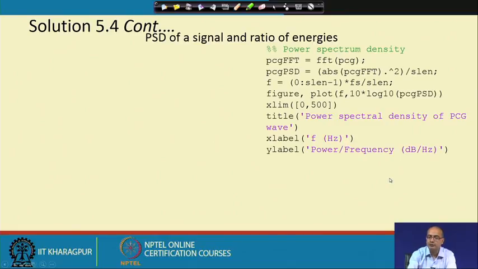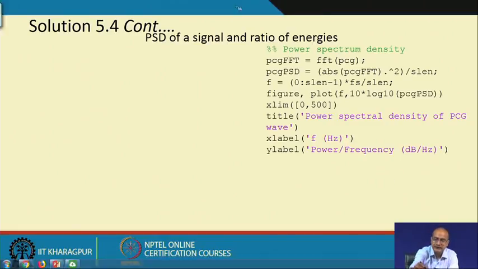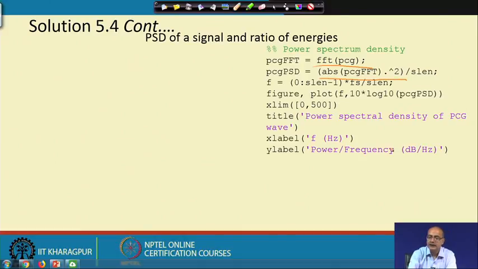So, for that what we have to do? We have to first take the Fourier transform of the signal, then we need to take the energy. So, for that we have to take the absolute value and the square of it, and then we create the frequency axis and we take the plot of the PSD in the dB scale.